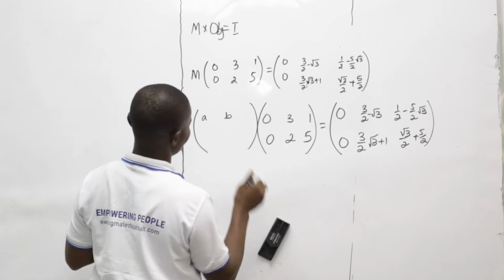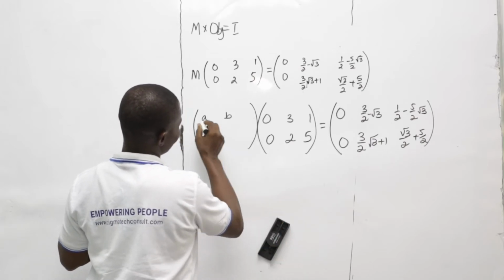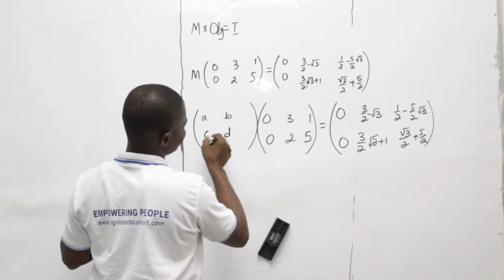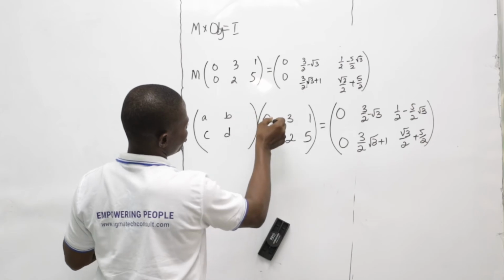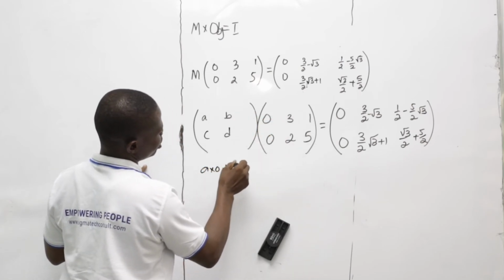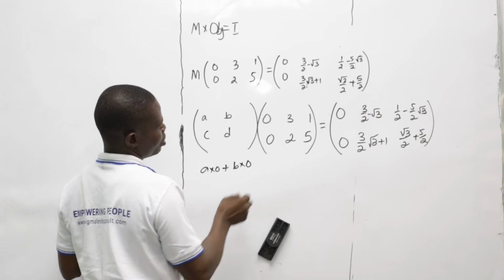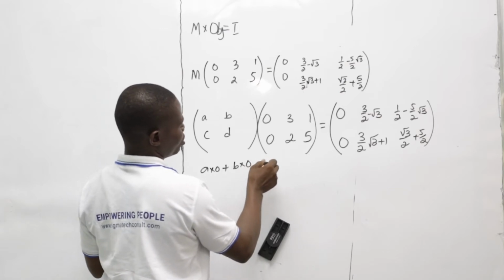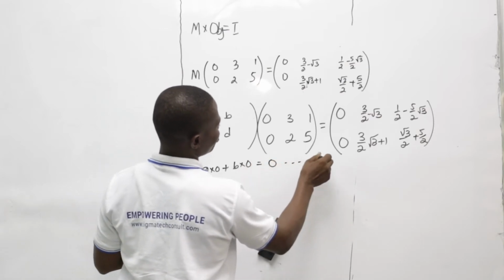Our matrix is going to be 2 by 2, A, B, C, D. So this multiplies: A times 0 plus B times 0 equals 0, equation 1.